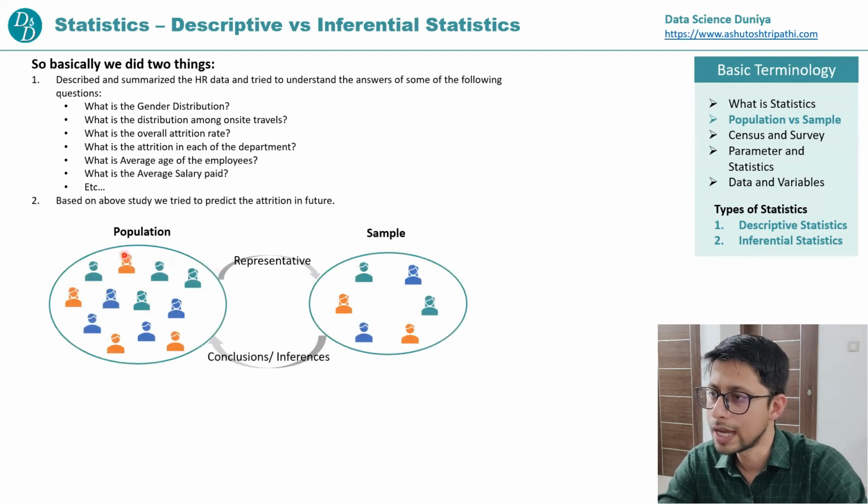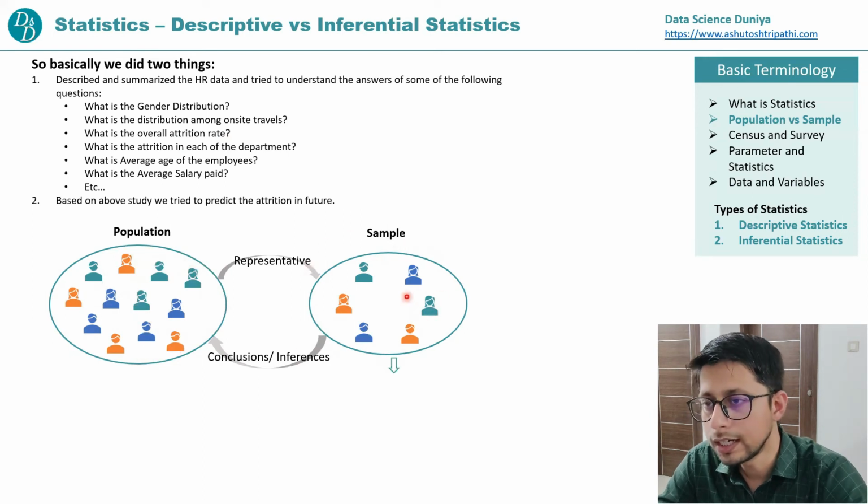Suppose we have a population, the complete company's employees. If we draw a sample out of that population, fetching representatives from different departments, education fields and areas of work, then whatever statistical procedure we apply to understand this sample becomes your descriptive statistics.